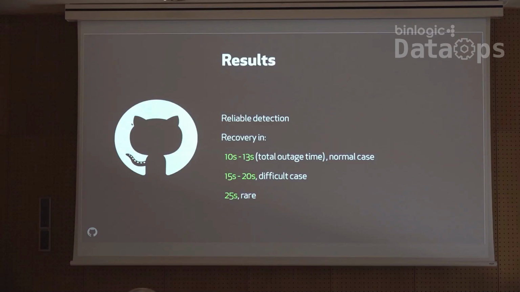Now, having lower numbers is not a problem. I can have 1 second total outage time if I just change some VIP, just because I wanted to. But having that amount of time for reliable failovers is a better achievement, considering you don't get false positives.